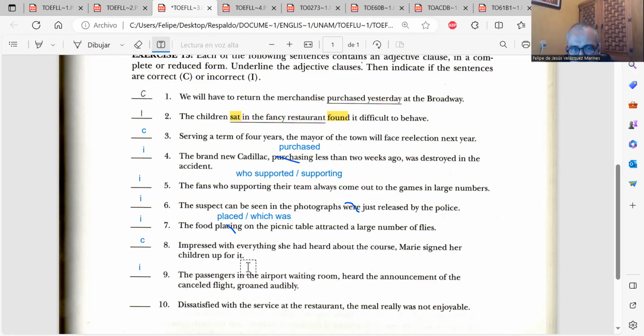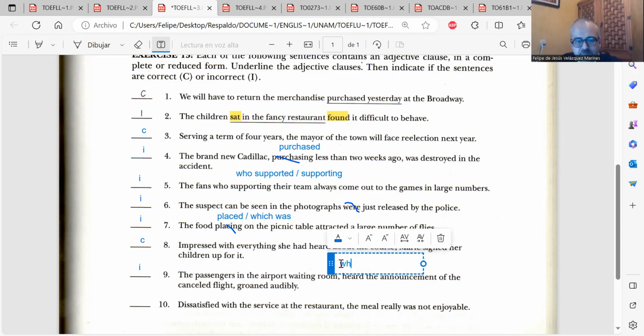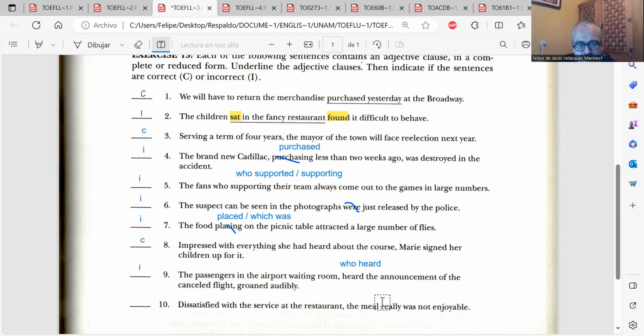The passengers in the airport waiting room who heard the announcement of the canceled flight groaned. So we have 3 verbs: heard, canceled, groaned. No, we have 2 verbs. Because remember that heard, if it is a past simple, it's a verb.